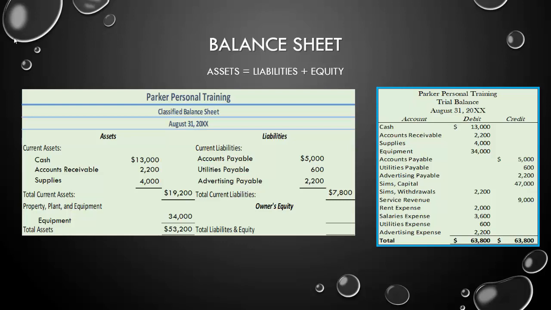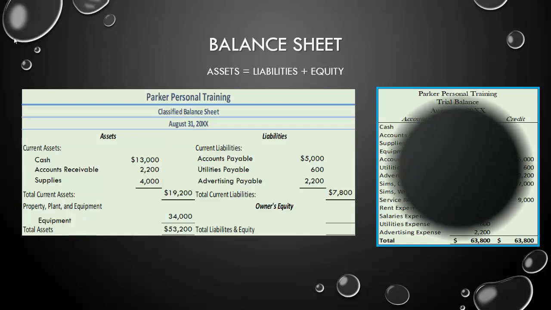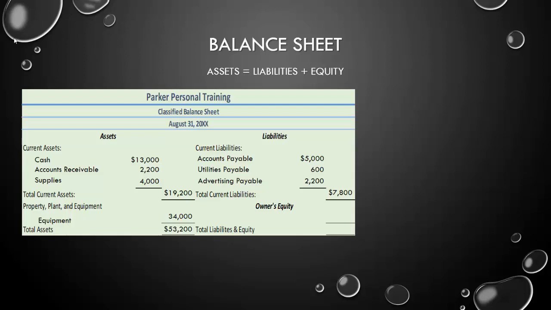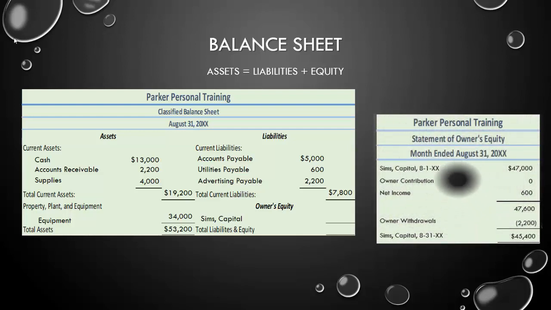All they have left to list is their capital, their owner's equity account. And the first instinct is just to take it from the trial balance, because you've been taking all of the numbers from the trial balance. But for capital and capital alone, you don't. We had to prepare our financial statements in a certain order, because we need this number of Sims capital to be current as of the end of the period. So the number that we're going to transfer over isn't the amount that was listed on the trial balance, but instead is the bottom line of the statement of owner's equity.